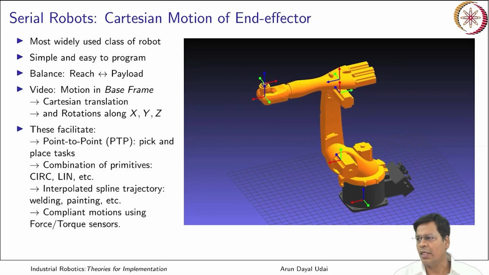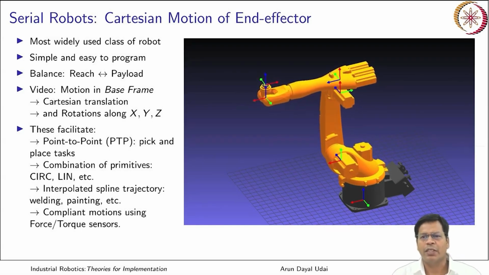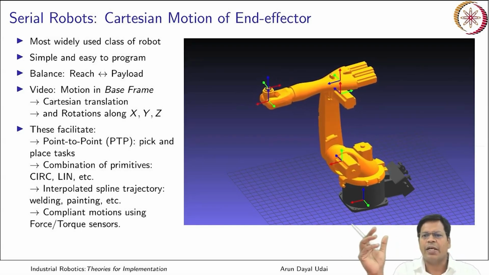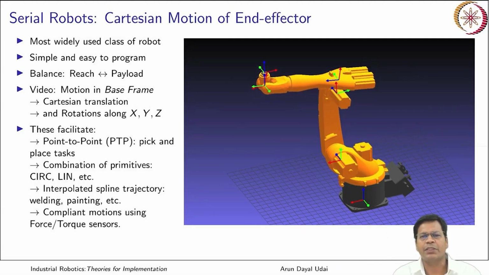Okay, so yes, it can also do compliant motion tasks. Not all robots can do compliant motion. There are special kinds of robots known as collaborative robots or cobots, which are joint compliant. Their joints are not very stiff, and you can make them go backward also. That means they are all back drivable. They are gravity compensated.